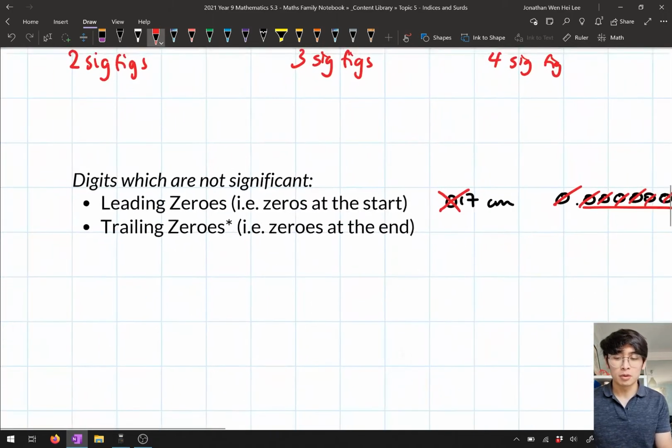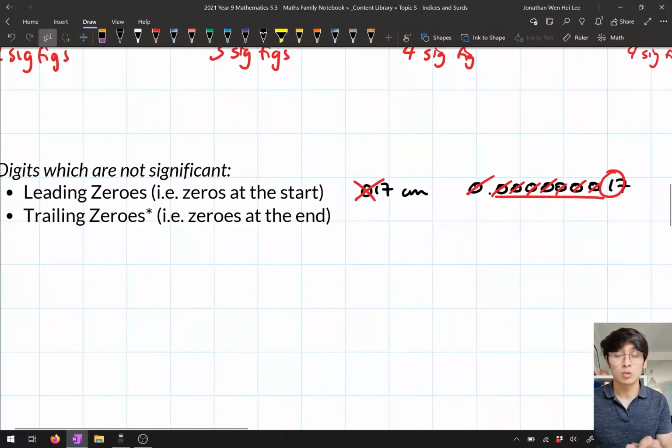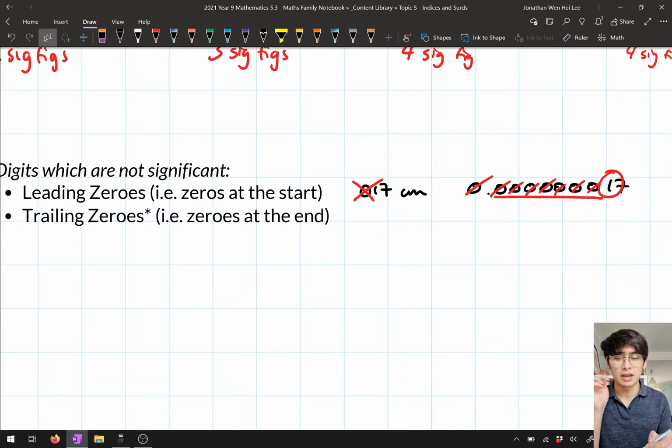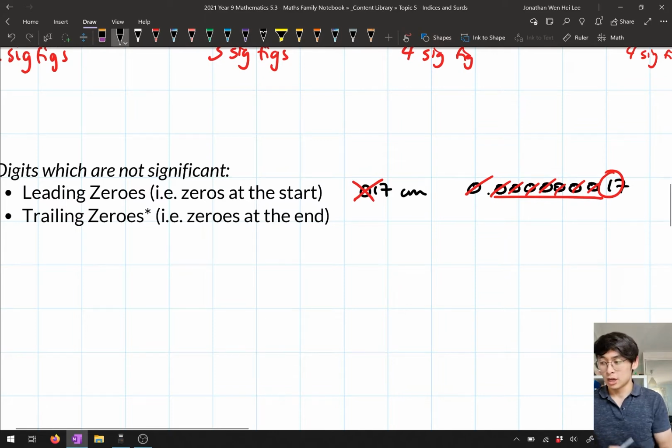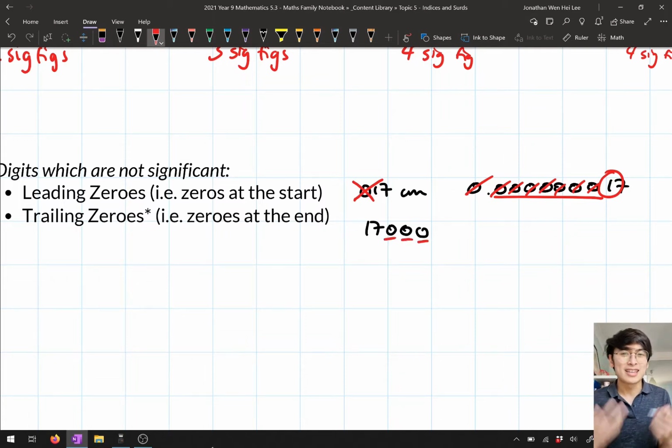Now the second type of digits which are not significant, which I've included here and put an asterisk, is trailing zeros. The reason why I've put an asterisk is because when you have zeros at the end, so let's say I have 17,000, those zeros at the end, we can't tell if they're significant or not. So it could be, but also might not be.